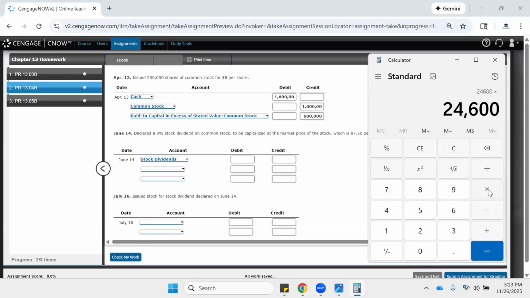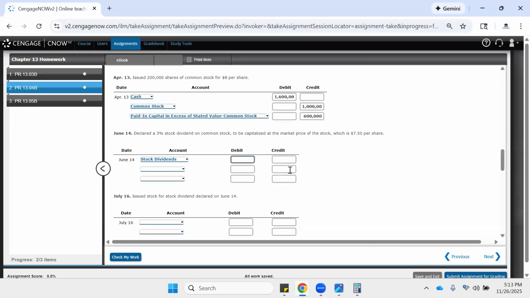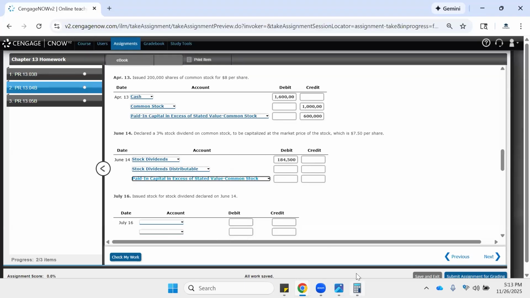We have to multiply that by $7.50, the market price of the stock, and we get 184,500.